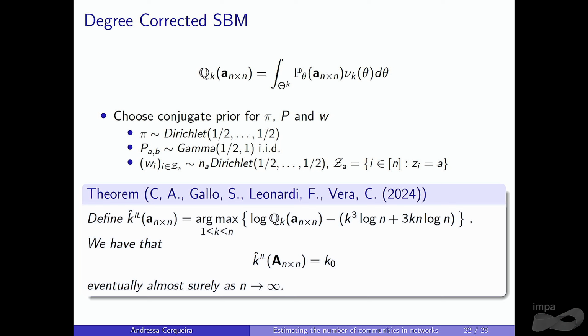So in 2024, what was proved is that if I look at this estimator here, so I just take the log of the integrated likelihood for the degree-corrected stochastic block model, and here I have a penalty term. The first part is exactly as in the SBM, right? And the second part is n log n, right?